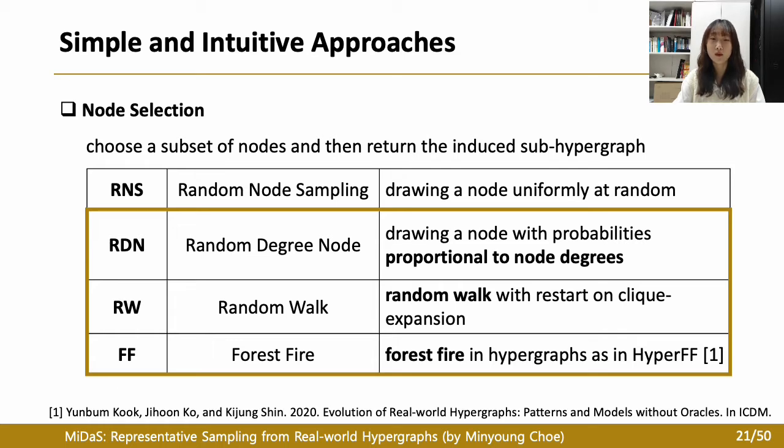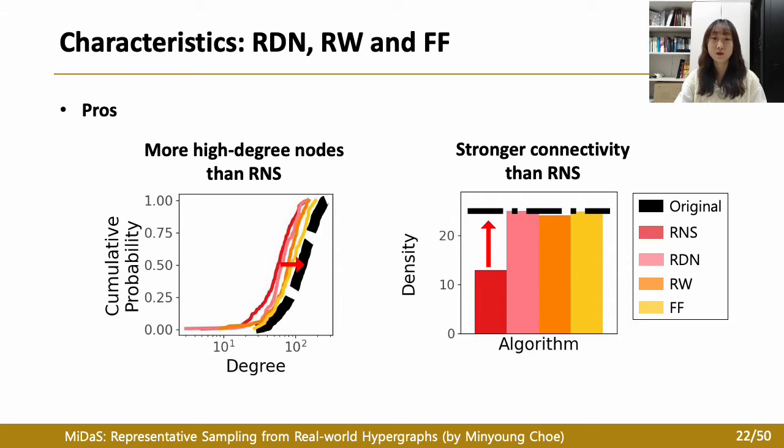We apply random walk and forest fire simulations to hypergraphs to sample nodes, and they are referred to as RW and FF respectively. We observe these 3 approaches have common characteristics. Compared to RNS, they lead to a larger portion of high-degree nodes.